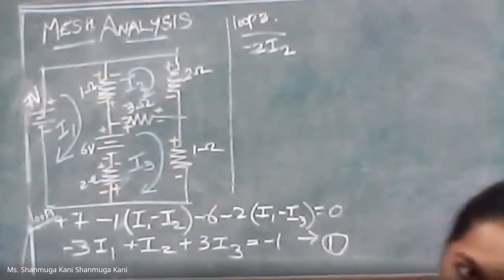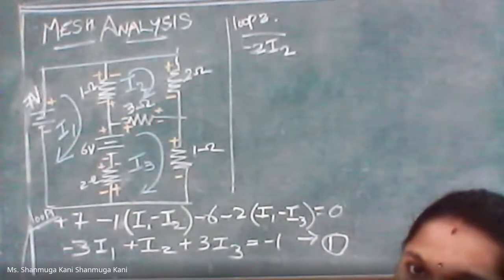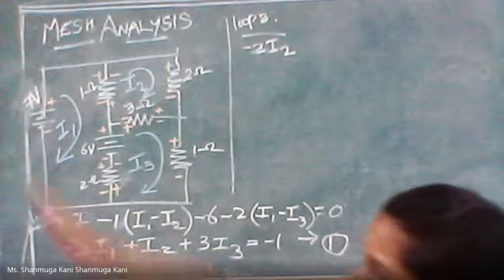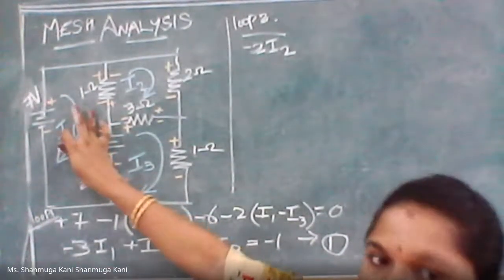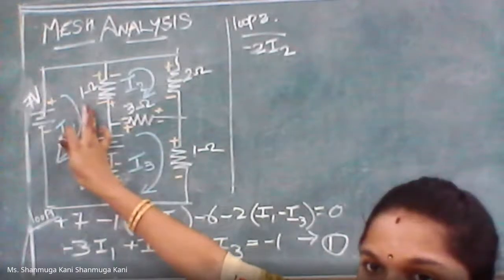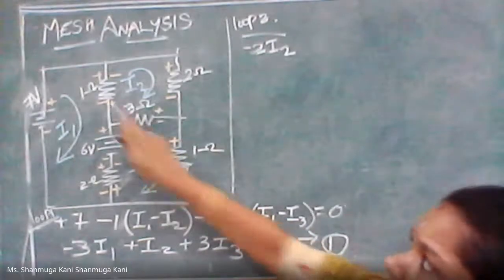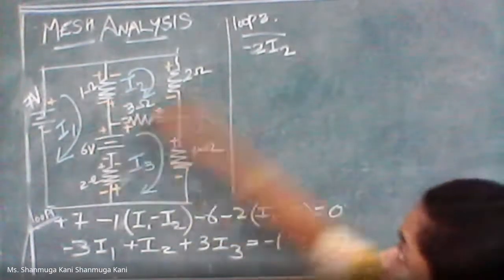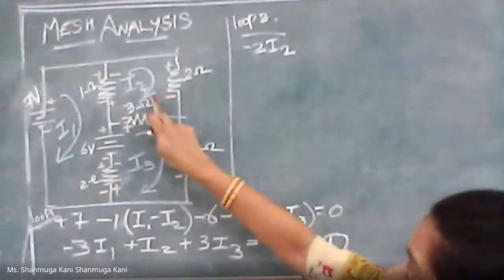You should not leave any element, that is the major thing. You can start from whichever you want, the 1 ohm or the 3 ohm, it is your wish. I'm going to start from here: first the 2 ohm, which is only common to I2.